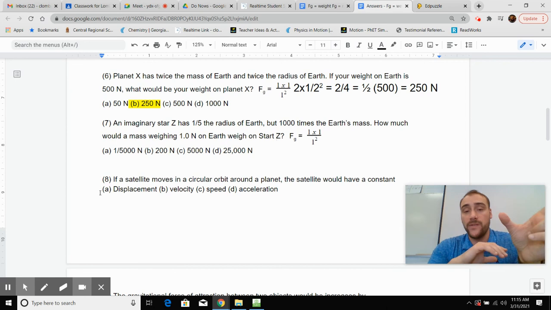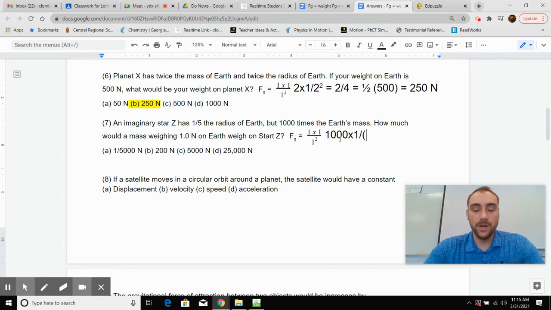Now, when they're saying 1/5, well, hold on, let's do it first. They say the mass of this star is 1,000 times that of Earth. Now, the mass of the second object, we don't know, it didn't change. But here, the distance is 1/5 of the original. When you square it like that in a fraction, 1/5, you're squaring the bottom.